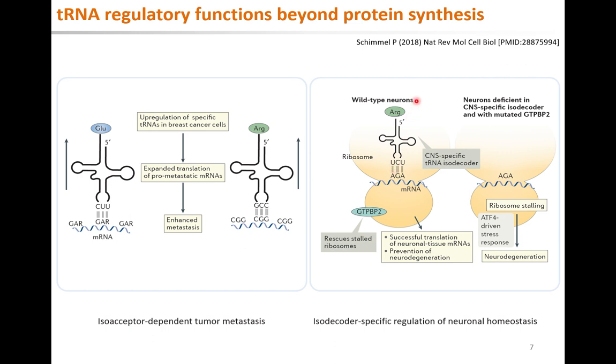In the neurons deficient in this CNS-specific isodecoder, ribosomes will stall at AGA codons. This stalling can be rescued by GTP binding protein 2, or GTPBP2. In the absence of both arginine UCU tRNA and GTPBP2, severe ribosome stalling occurs, which leads to the stress response driven by activating transcription factor 4, or ATF4, neuronal cell death, and neurodegeneration.